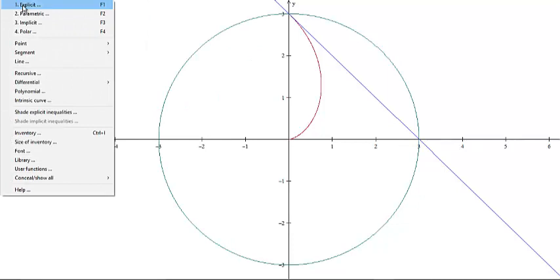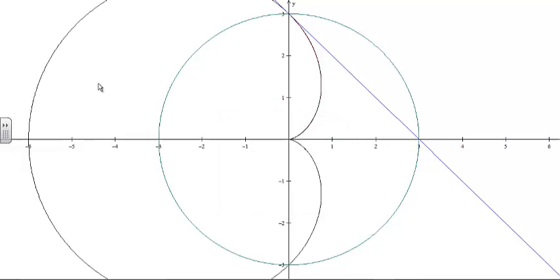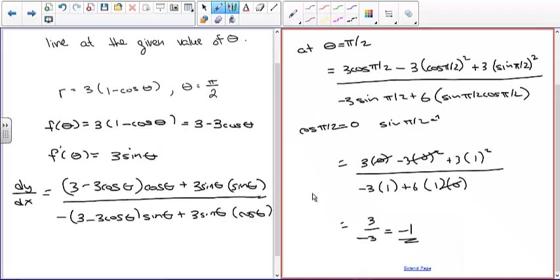Let's try it again. 3 times 1 minus cosine t, 6.29. Yeah, so that's what it looks like. So the actual curve, I don't know what you would think that looks like. It's like somebody's behind, I think. But anyway, the point is that we did correctly predict the slope of the tangent line at pi over 2, which is that particular point. So yeah, it's pretty complicated.